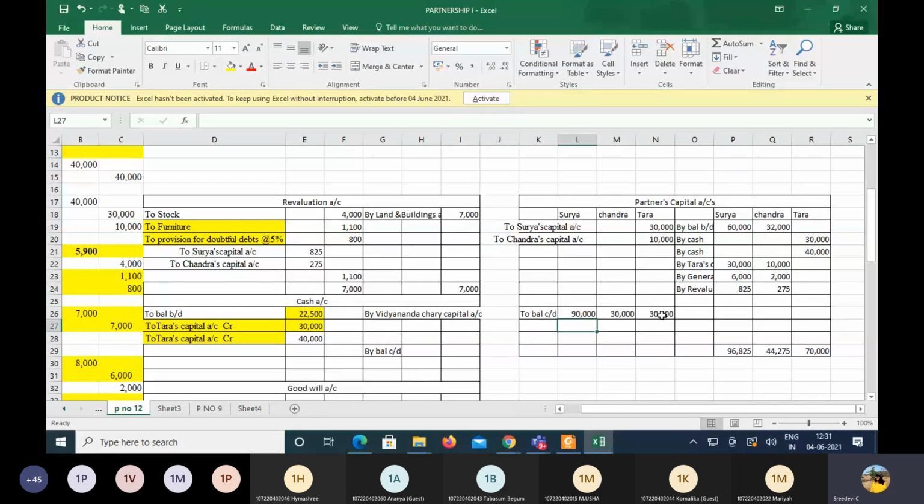Tara's capital should not have any change, but let us see what the total is here. That is 96,000 on the credit side, and here 44,275.